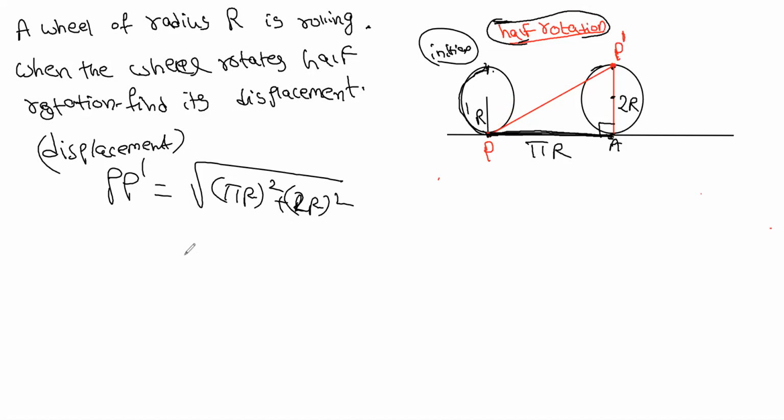If you calculate, you will get the answer as under root of pi square r square plus 4r square. You can take r outside, under root of 4 plus pi square. You will get this after calculating.